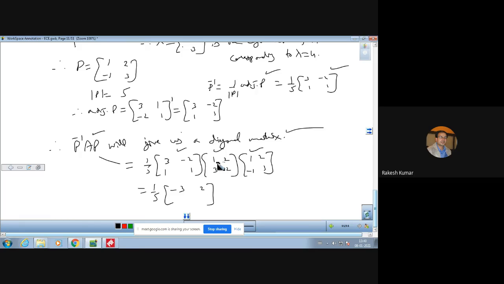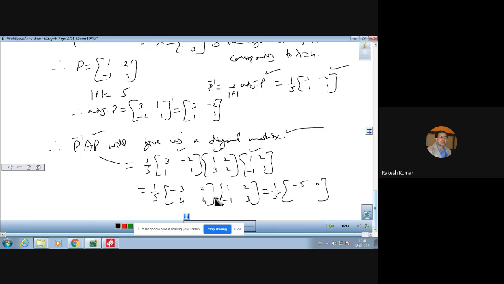And 1 into 1 is 1 plus 3, that is 4. And this is 1 into 2 plus 2 into 2, that is also 4. Then 1, 2, -1, 3 is there. Now let us multiply these two. -3 into 1 is -3, and -2, so -5. And -3 into 2 is -6, 2 into 3 is 6, that is 0.